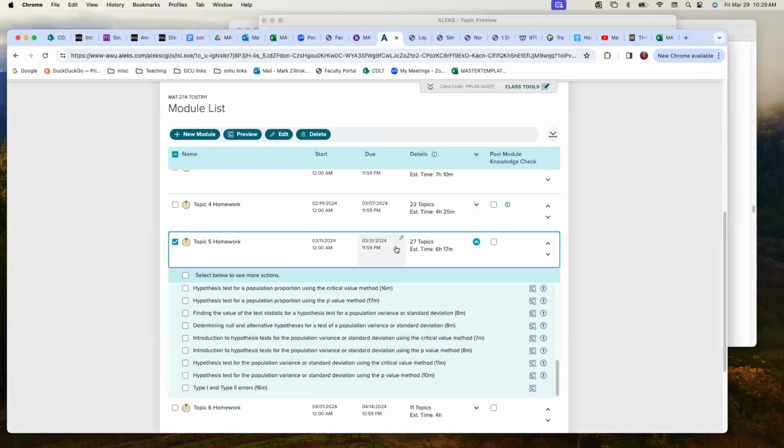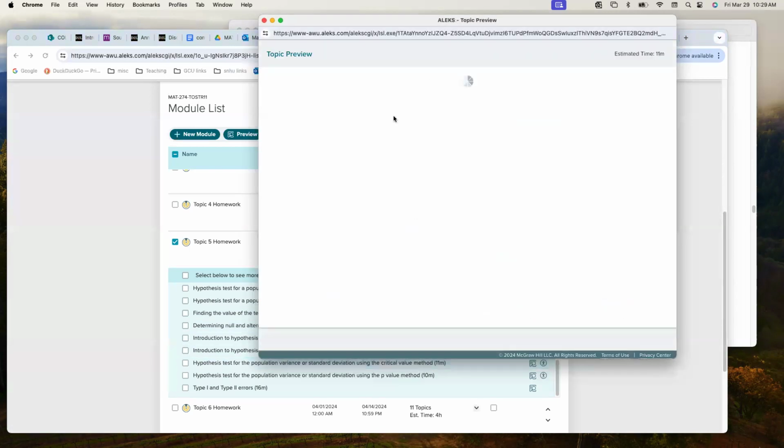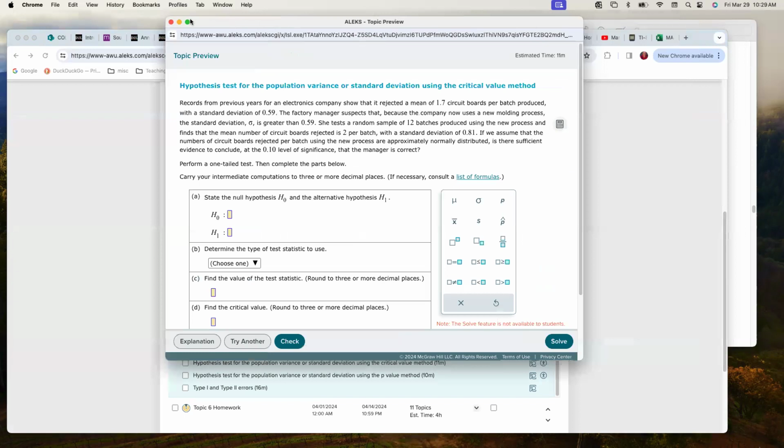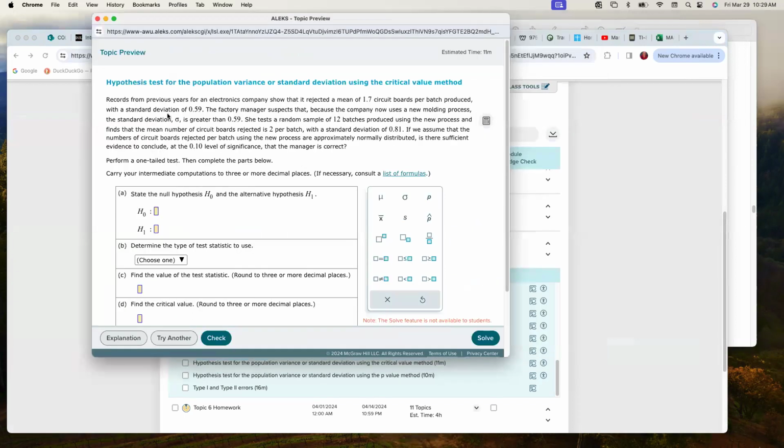But let's go back and do one of these with the critical value method. Whether it's variance or standard deviation, we'll see.